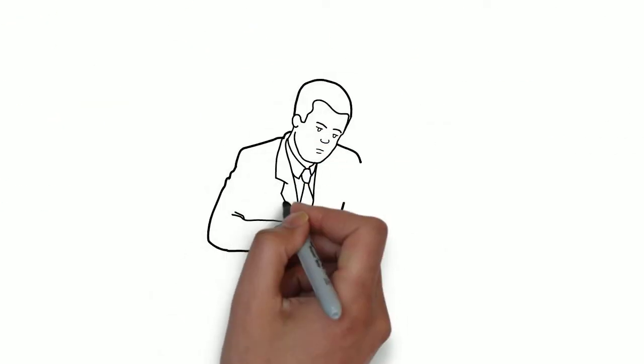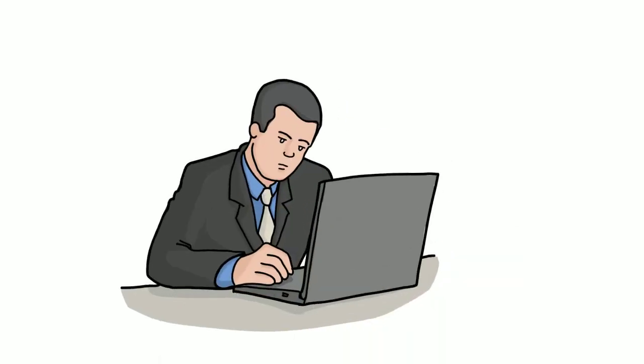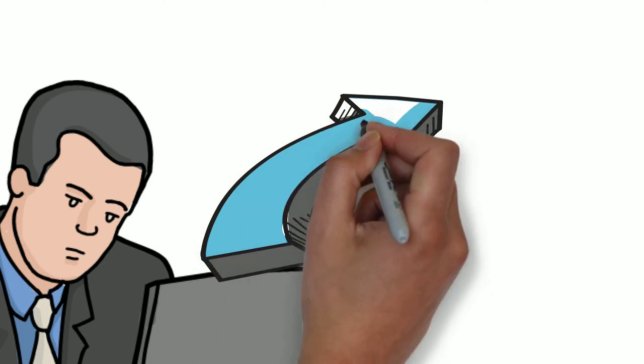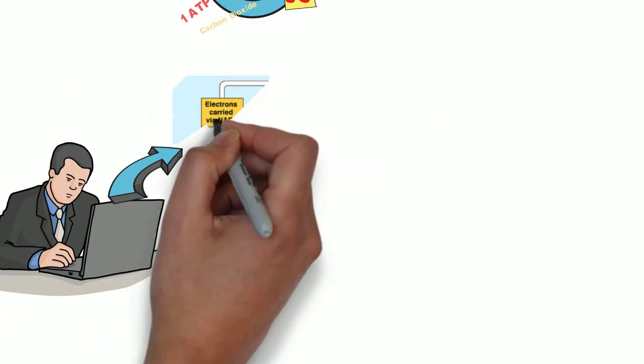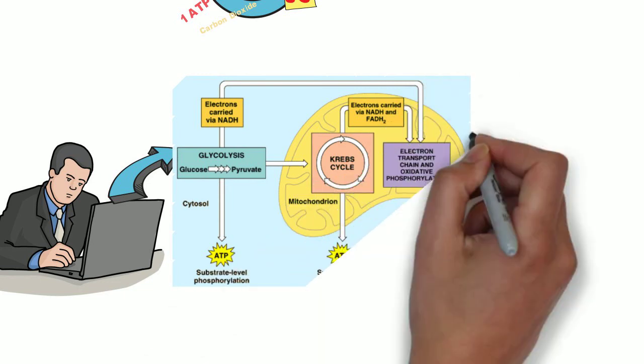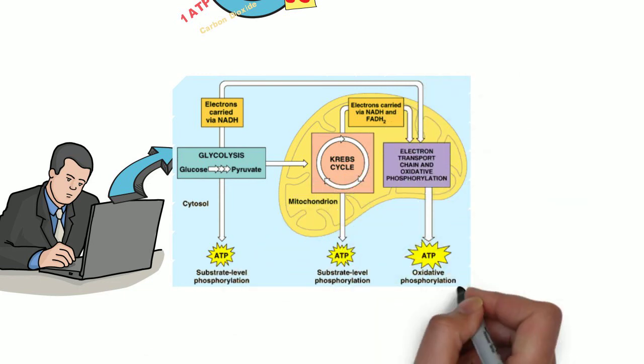So as a consequence, this video has covered the 3 stages of cellular respiration or aerobic respiration. This diagram shows you all the stages.